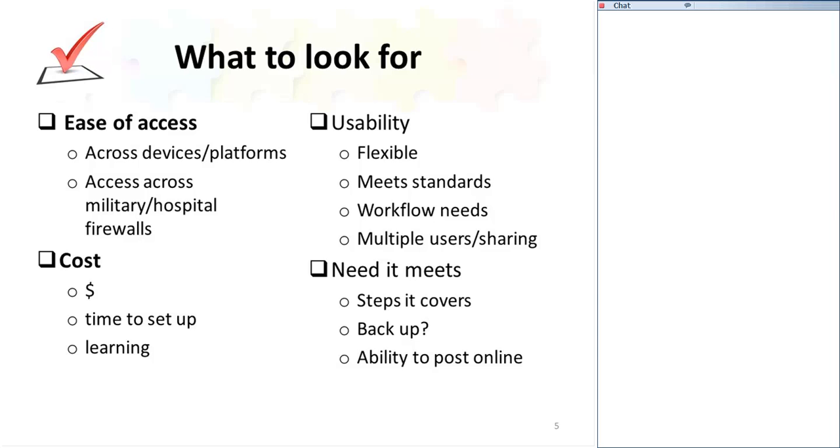And then when we think about cost, I'm going to be talking today about some free ones, but there's also the cost of learning and setting that up. So sometimes free isn't always great. And then there are certain workflow needs that you're going to have, and some of the tools do a great job for a really specific type of systematic review, and then they're not flexible enough to handle others.